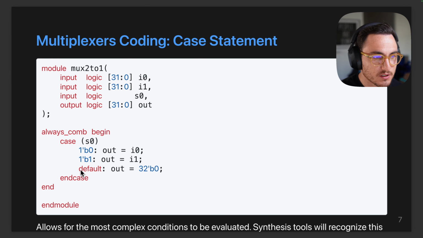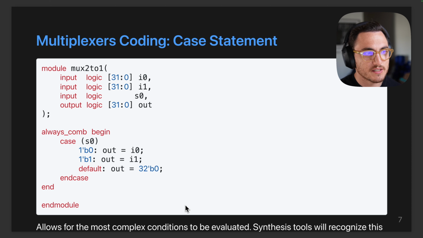You can get away with not having a default statement. It's going to cause problems when you implement this multiplexer, but this allows for the most complex conditions to be evaluated, and synthesis tools will always recognize this as a multiplexer. Are they going to optimize it the way you want? This is something that you need to clarify for the synthesis tool.